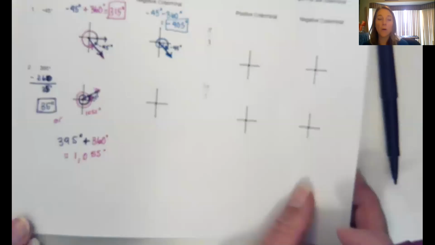That's what coterminal really just means. It's a multiple of how many times you went around the circle before or after to get to that same spot.